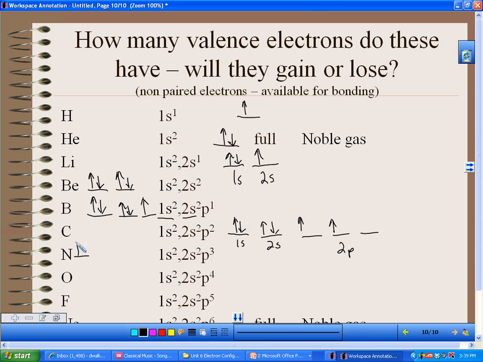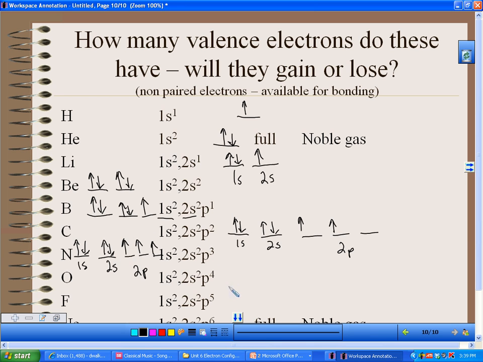Here's my 1s. Here's my 2s. Here's my beginning to fill 2p. So I'm going to go here and here. So that's 6. I need 1 more for my 7th one. So that's what it looks like.